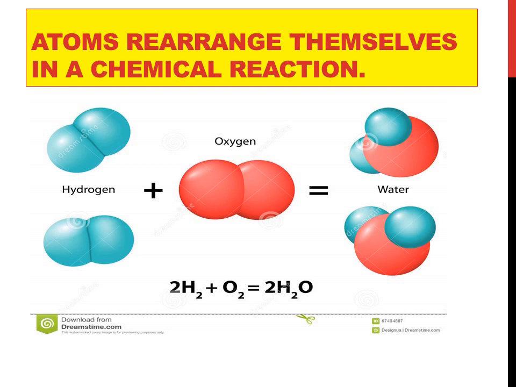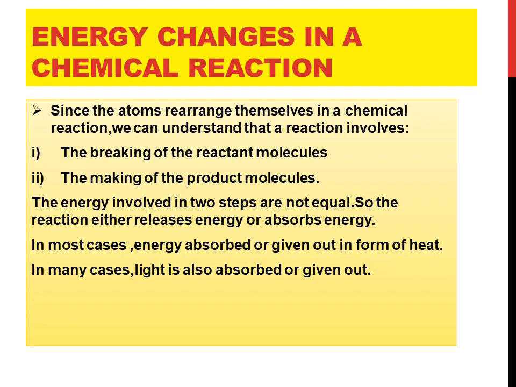Even after the reaction, in the product, the number of hydrogen atoms is 4, and the number of oxygen atoms before was 2, and after the reaction they are also 2 in number. So that is how the number of atoms of each element remains the same in a chemical reaction. Now let us move to the next topic, energy changes in a chemical reaction.